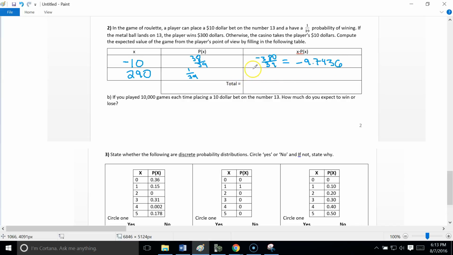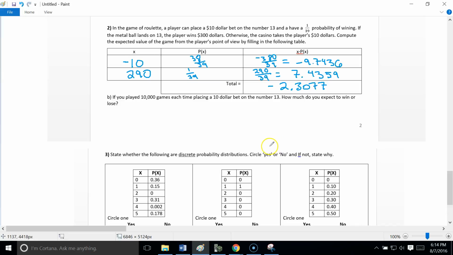And then over here we end up with a fraction of 290 divided by 39, which is then going to be equal to roughly 7.4359. So all of that sums up to negative 2.3077.